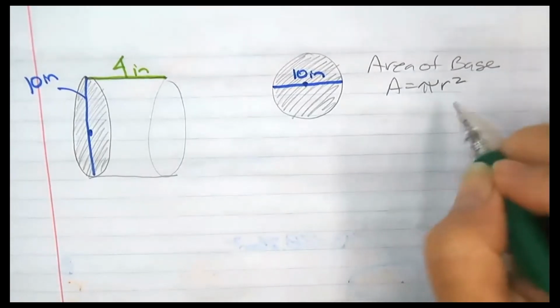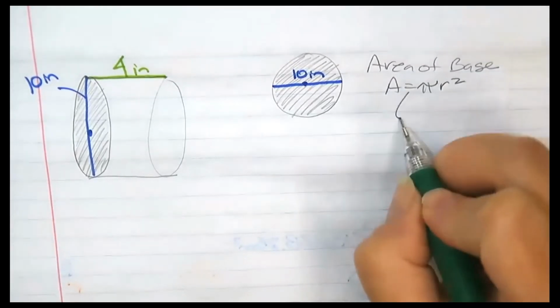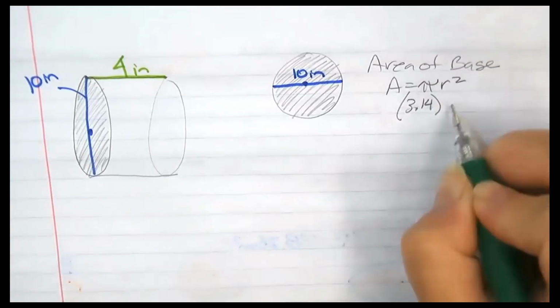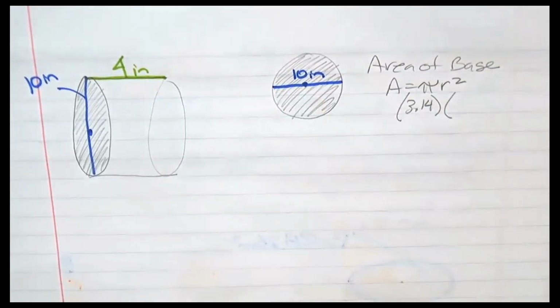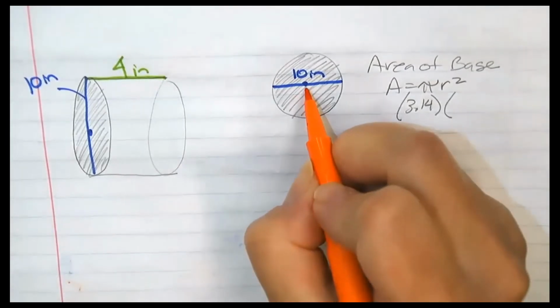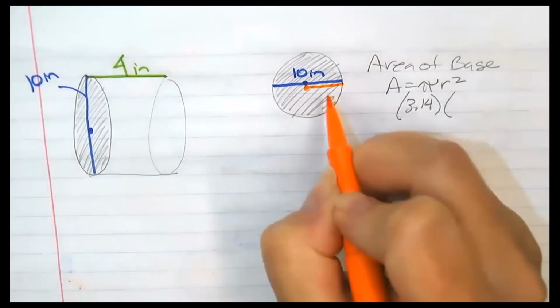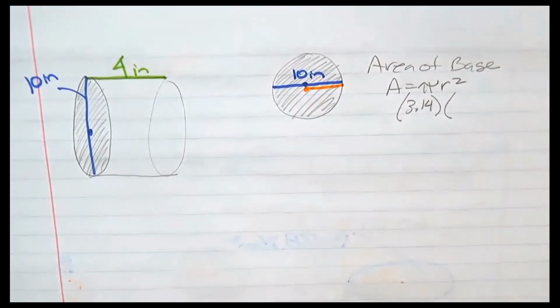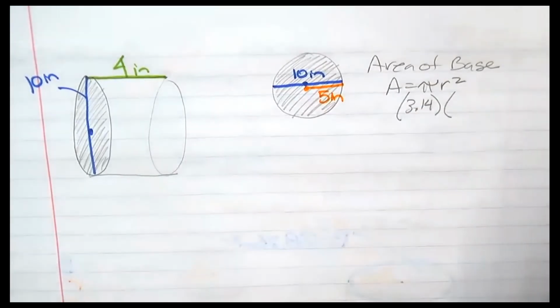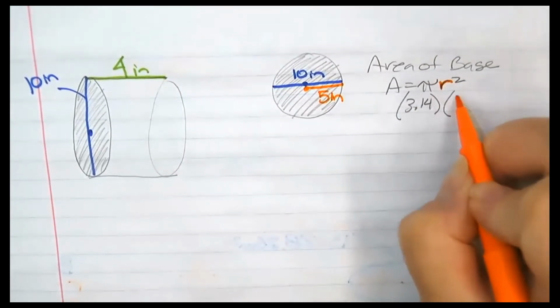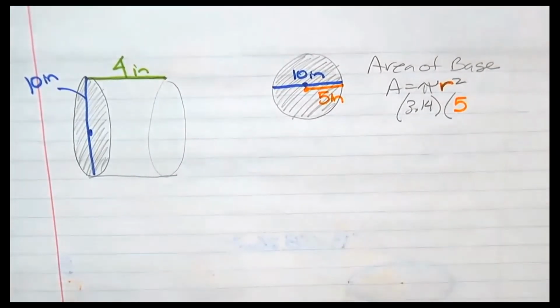So this is substitution. Pi is 3.14, but they haven't given us a radius. Well, I know that the radius is half of the diameter. So my radius is 5 inches.